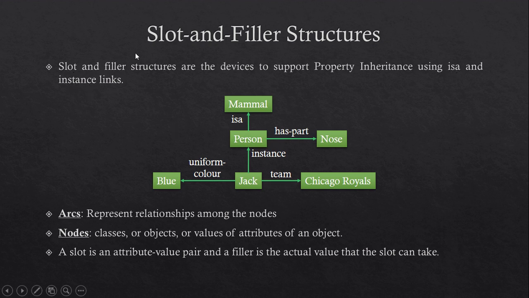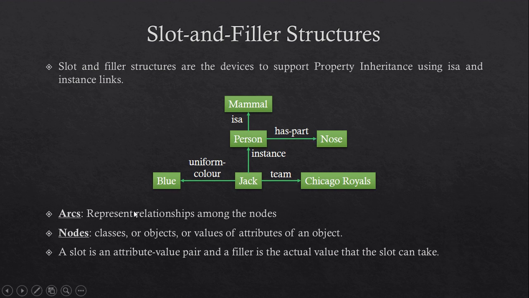What are slot and filler structures? What is a slot? What is a filler? Let us understand it with the help of an example. What you are seeing here is a simple slot and filler structure. It consists of lines or arrows, also called arcs, and boxes, also called nodes.